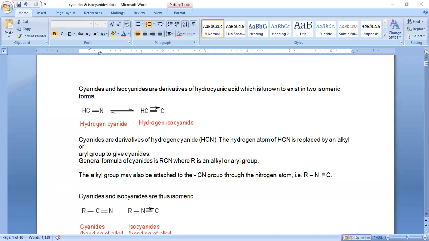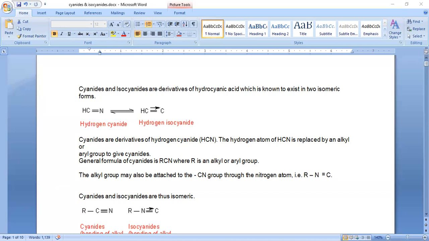Sorry, carbon undergoes sp hybridization. So there are two sigma bonds and two pi bonds.